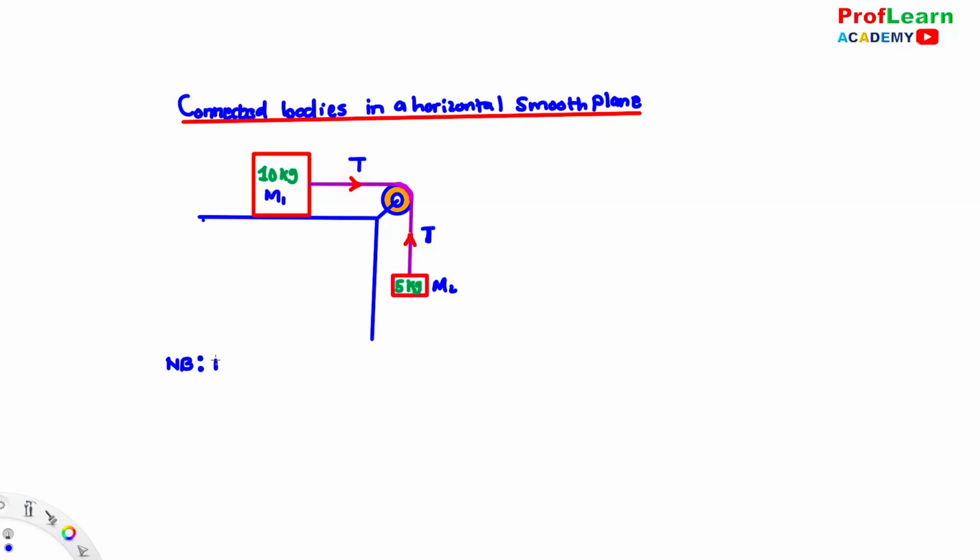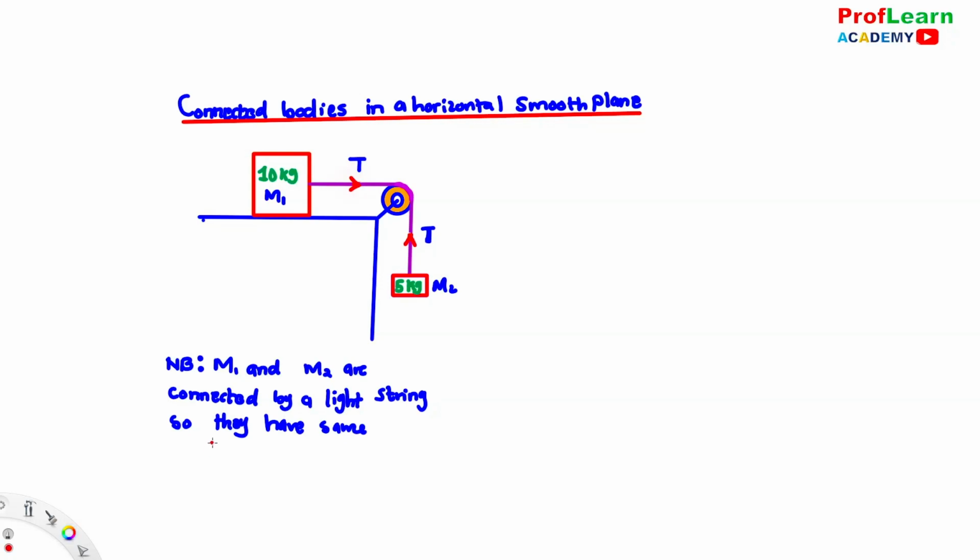One of the things that you need to identify is that M1 and M2, the two masses, have something in common. The first thing they have in common is that they move at the same speed, and they also accelerate at the same rate.